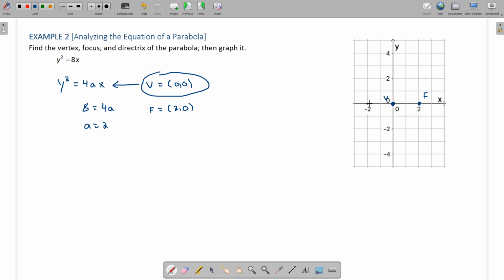It's just in the reverse direction. So the directrix has to be coming back here. I'm going to use the line tool just to be able to draw that a little faster. So that would be D. So our directrix is given by the equation x = -2.